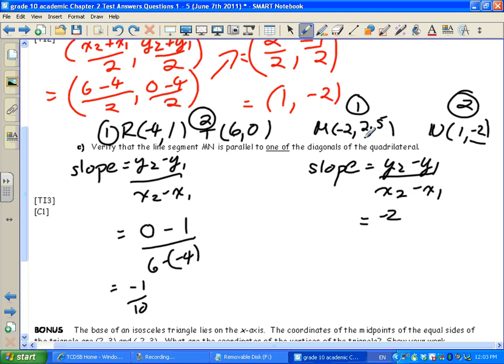Subtract Y1, 2.5. And X2 is 1. And X1 is negative 2. So we end up negative 2 minus 2.5 will give us negative 4.5 divided by 1 plus 2, which is 3.